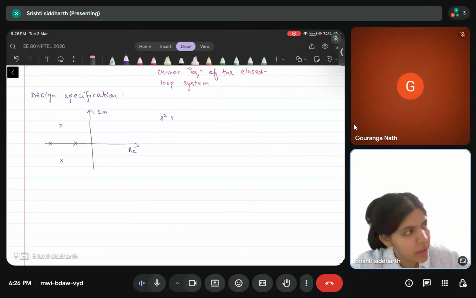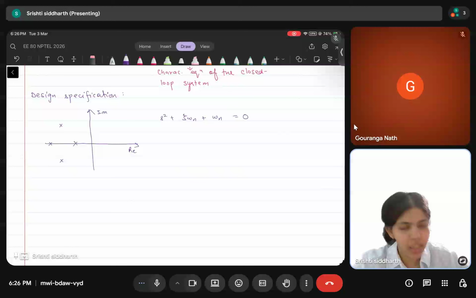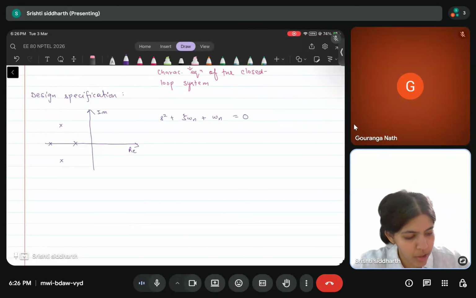So this is S square plus 2 zeta omega n S plus omega n square equals 0. So let me know if this is correct. This is the standard second order characteristic equation in terms of natural frequency and the damping ratio.